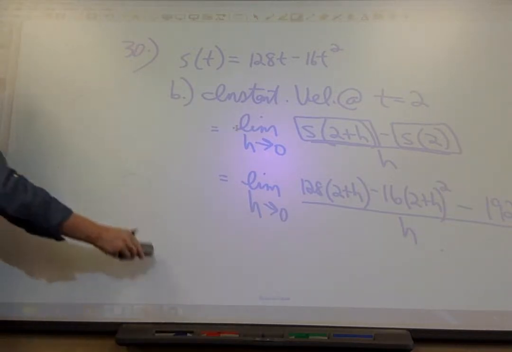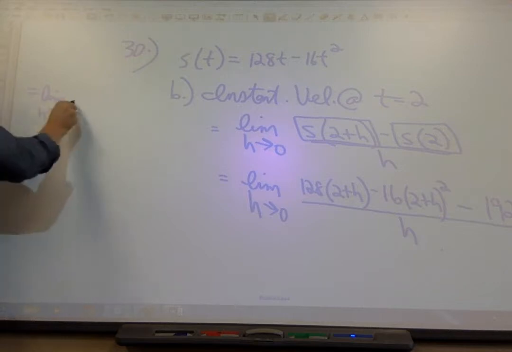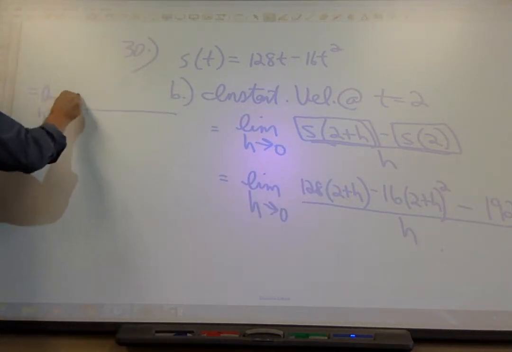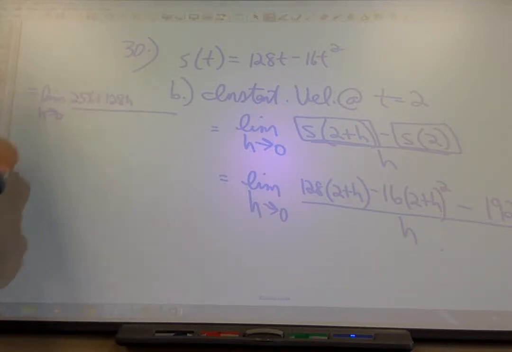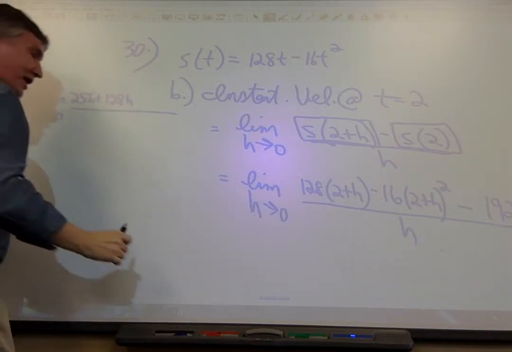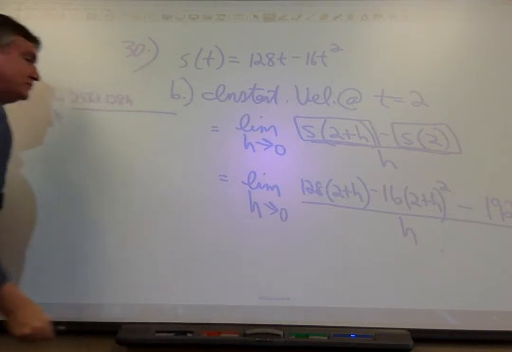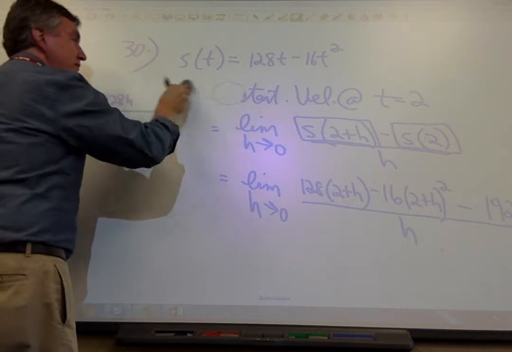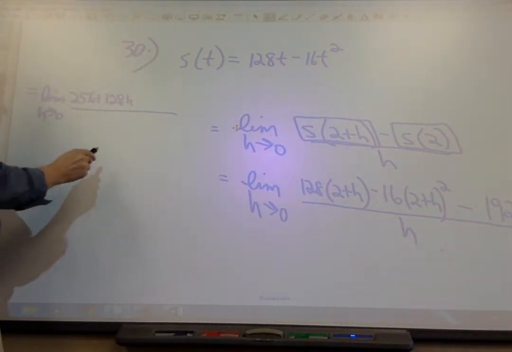Let's do it. So would you agree I have the limit as H approaches 0? This is going to be 256 plus 128H. And I'm not leaving myself enough room, am I? 256 plus 128H, if you don't mind, I'm going to erase that. Okay.